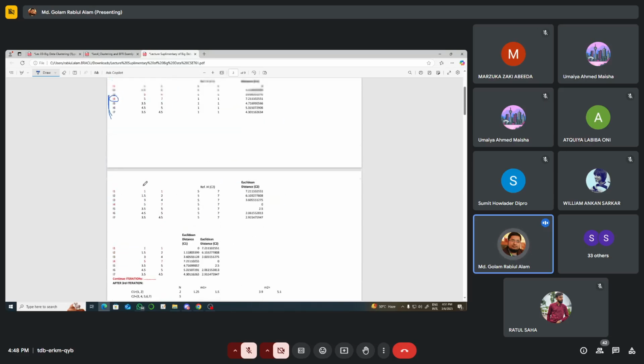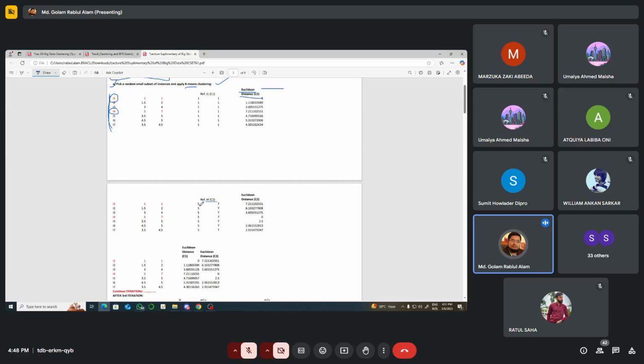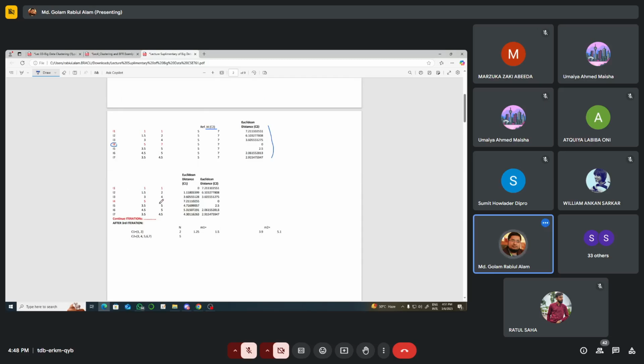Similarly, if we consider reference data point 2, that means I4, this one, then I have calculated the distance from each and every instance to I4. That is, from I1 what's the distance to cluster center 1, and from I1 what's the distance to cluster center 2. I have calculated those distances here.